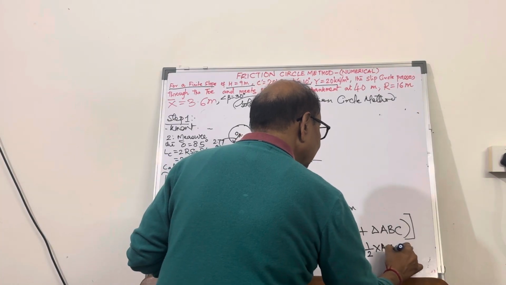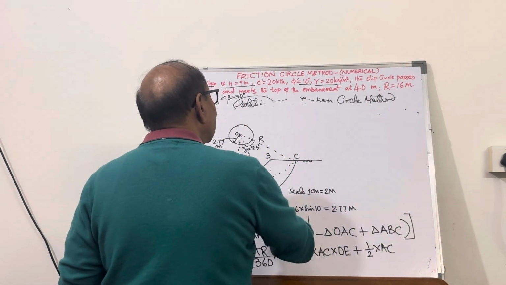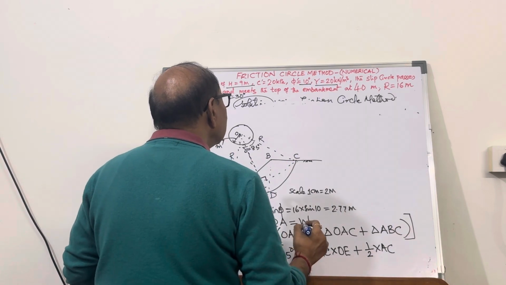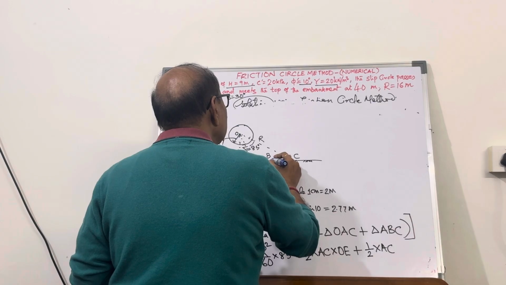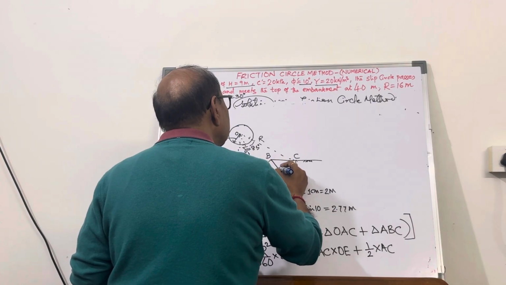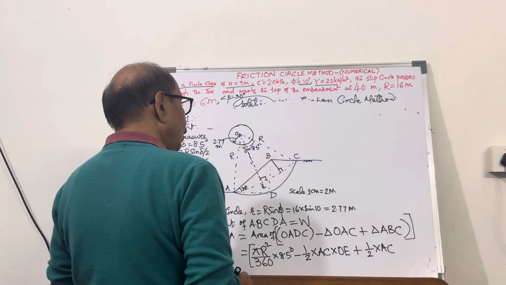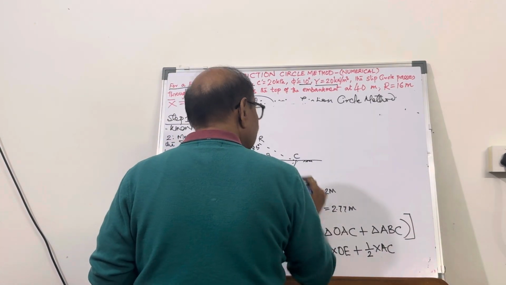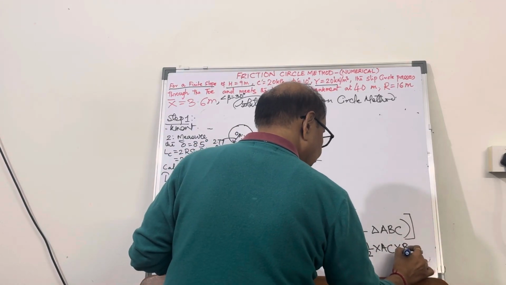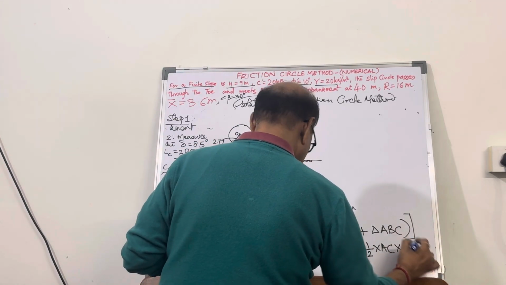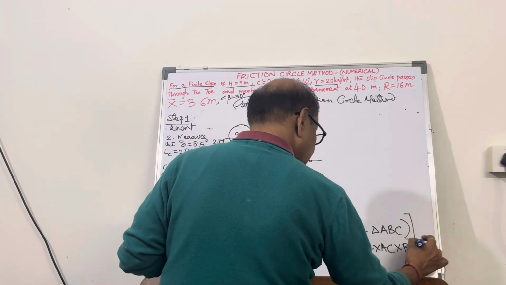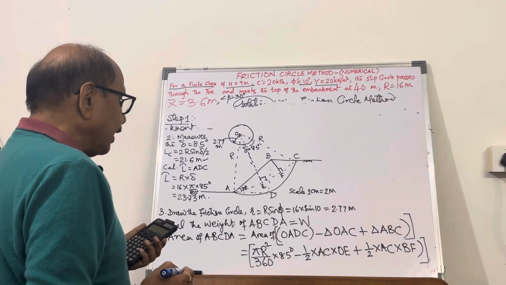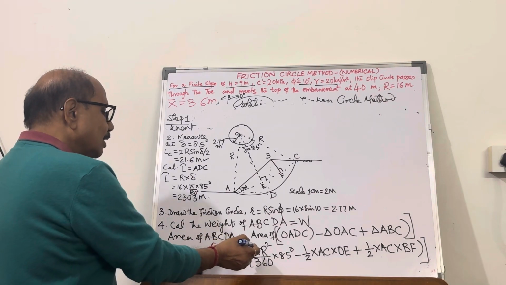The base is going to be AC for triangle ABC. Now from point B, you drop a perpendicular on AC. Let's say this point is F. So multiplied by BF. This becomes the area.